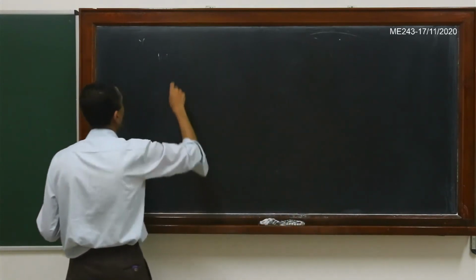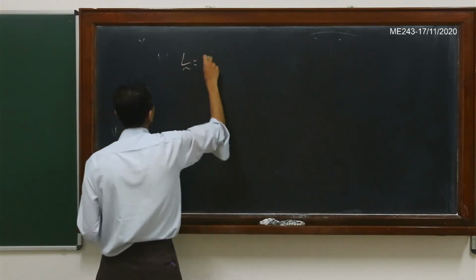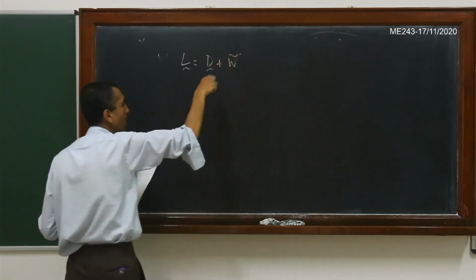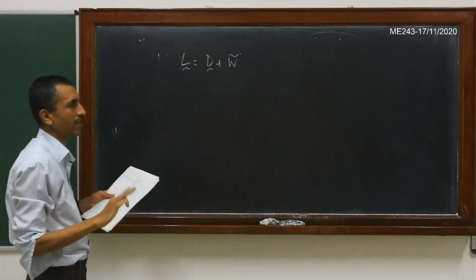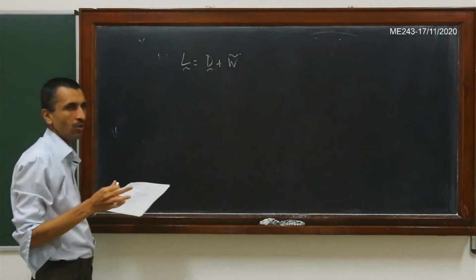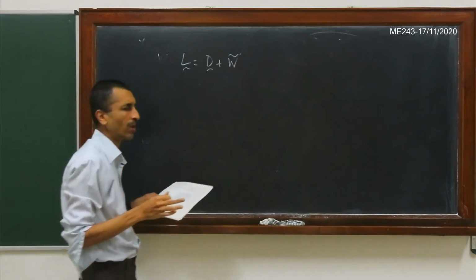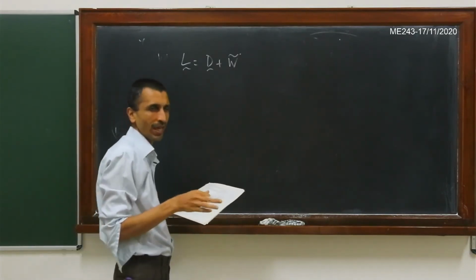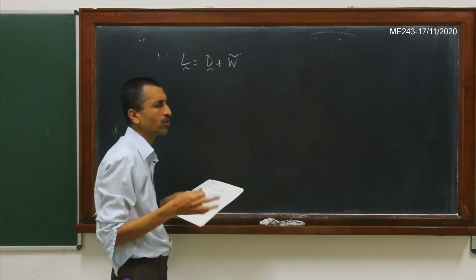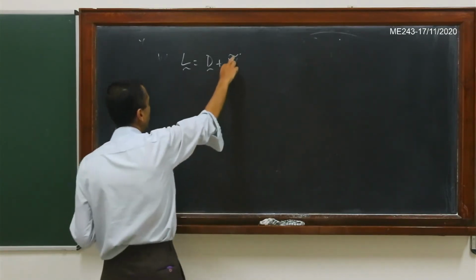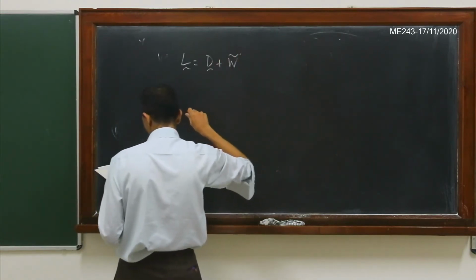So here L is, I will call it D plus W tilde. This tilde I am putting because sometimes it can clash with W, which I am using for some other purposes also, like Q dot Q transpose many times we will denote by W. So just to avoid a clash of notations, I am putting a tilde above the W here.